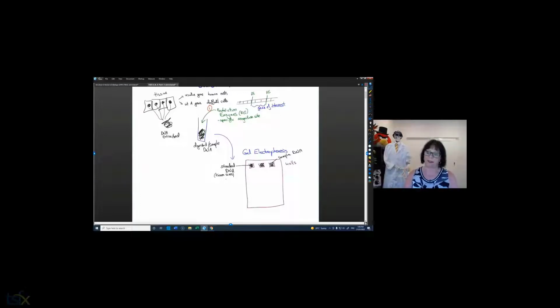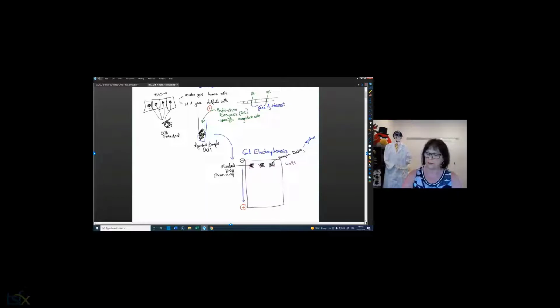So in order to run the gel, we have to connect the electrodes. The negative electrode gets connected at the well end and the positive electrode at the other end. Because we know DNA is negatively charged, when we turn the gel on, the DNA is going to be attracted to the positive electrode.